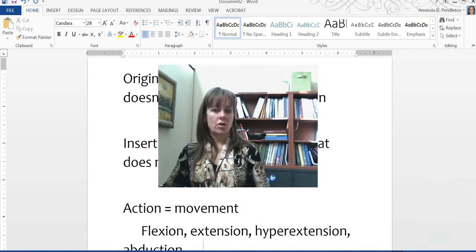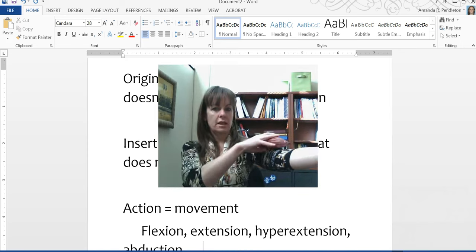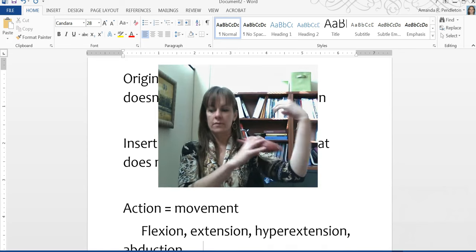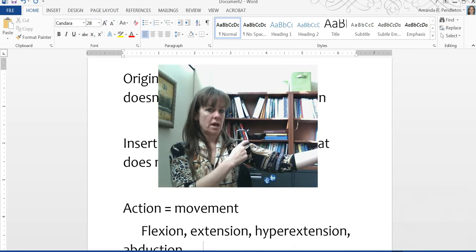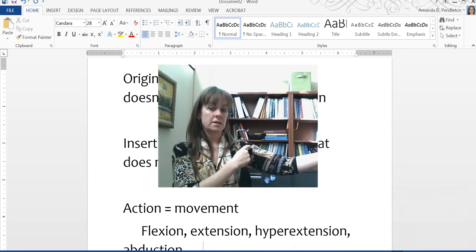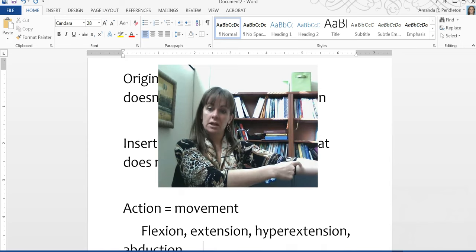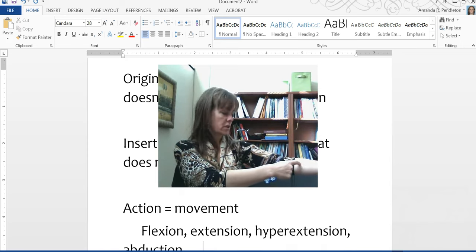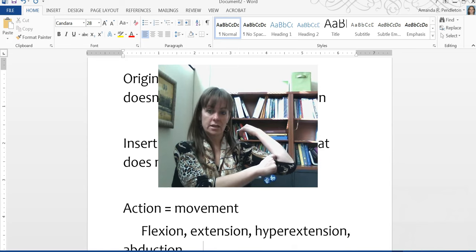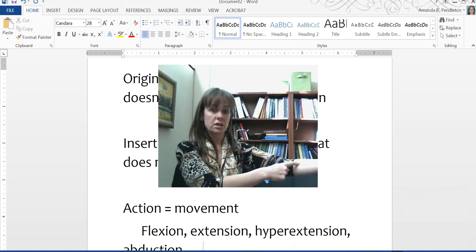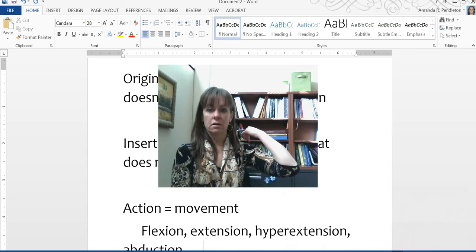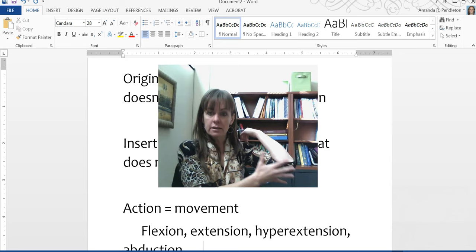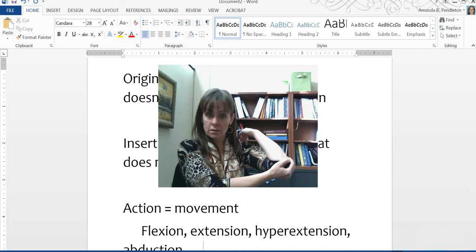If we're looking again at this contraction, let's remind ourselves, origin is up here. This is the end that doesn't move during that contraction. Down here is the insertion. This is the end that does move during a contraction. And what's the action that just happened? We just flexed the elbow joint.